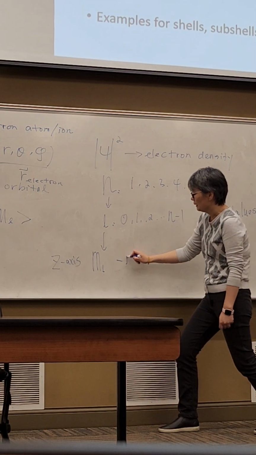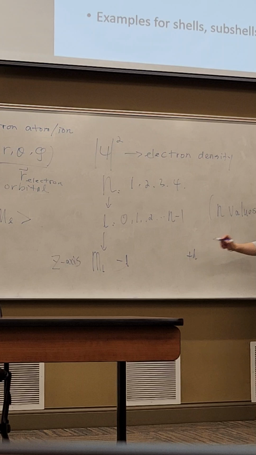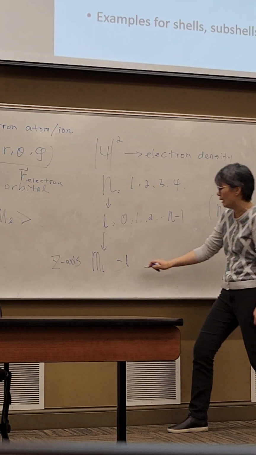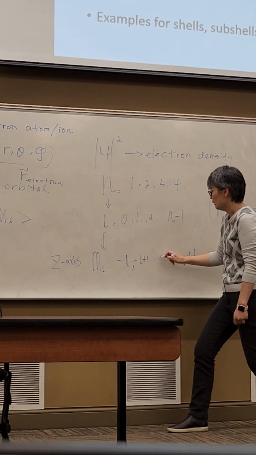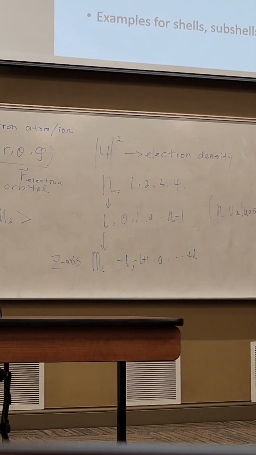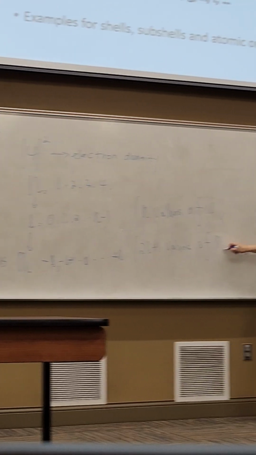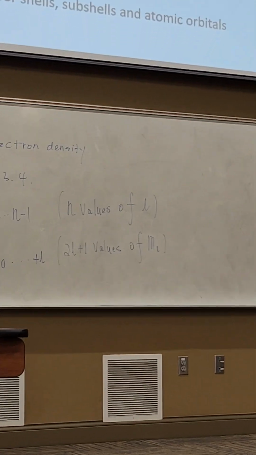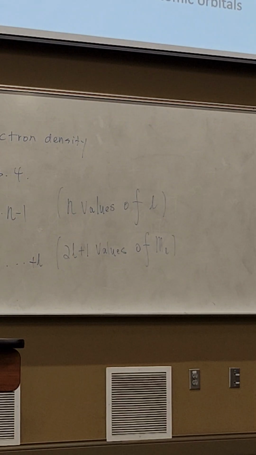It starts from negative l, ends at positive l, in steps of 1, going through 0 and all the way to l. So m sub l is also an integer. How many values of m sub l do we have? We will have 2l plus 1, so the number of values is restricted by l.